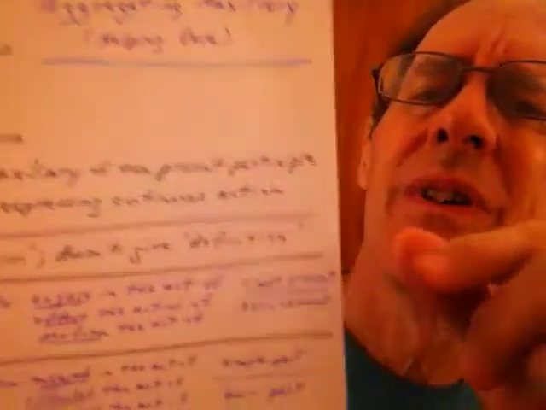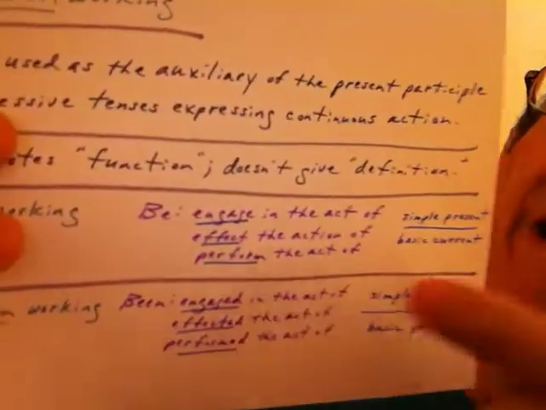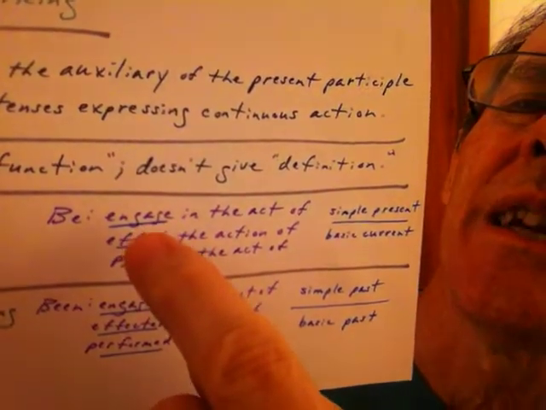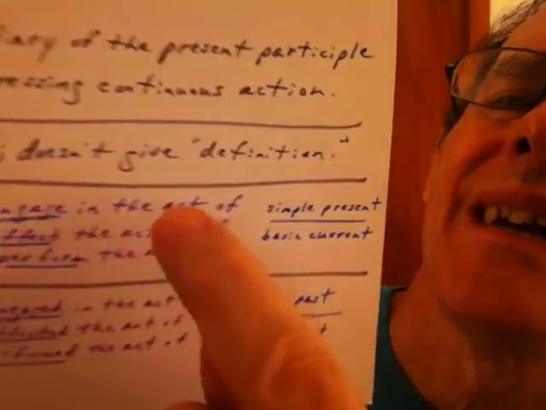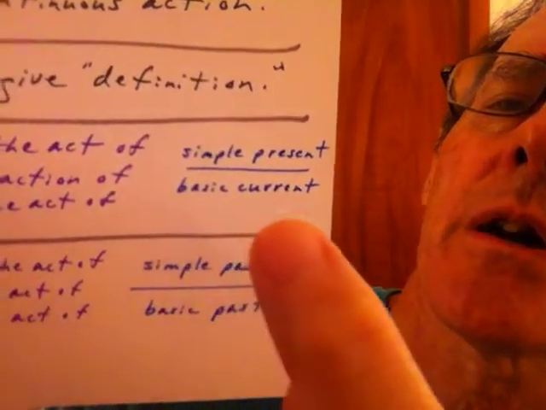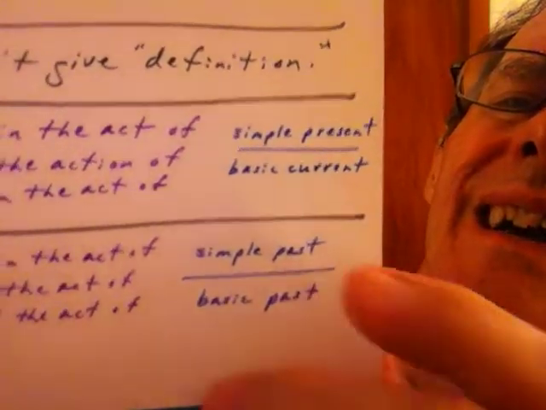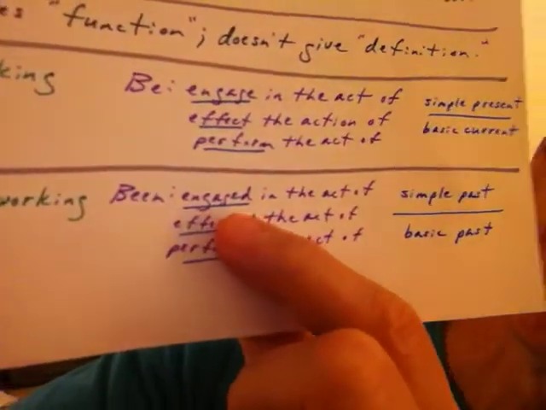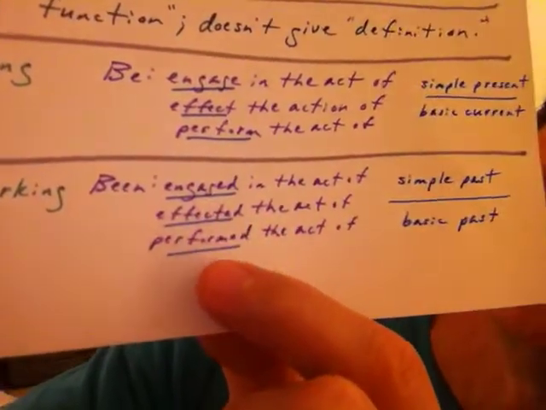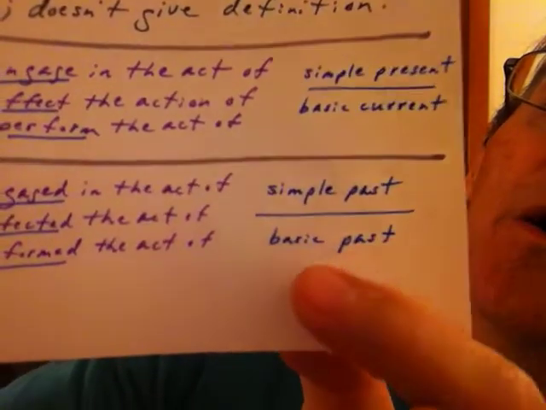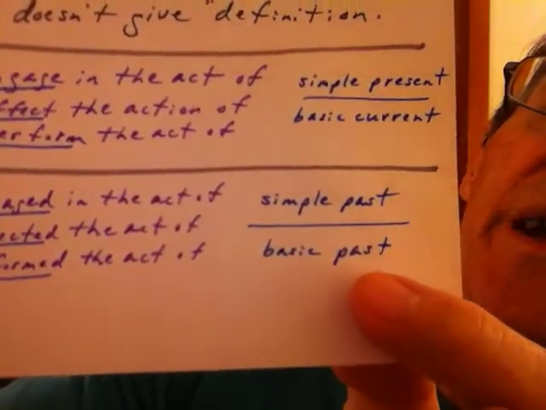In the case of be, you see that in the definition, the verb is in your simple present tense, or what I would call in my system the basic current, right? That's my new thing. And then the verb been is used, you see this clearly, in the simple past tense, or what I would call the basic past tense in my new system, which I'll get to soon.